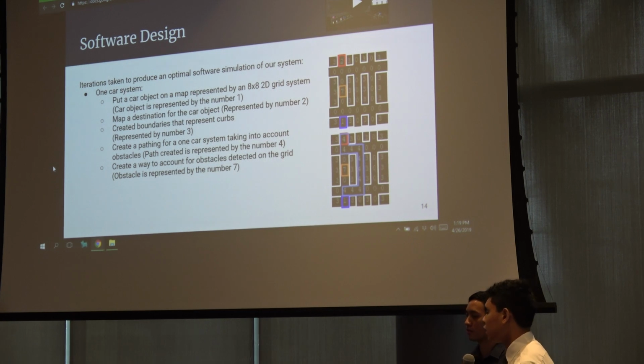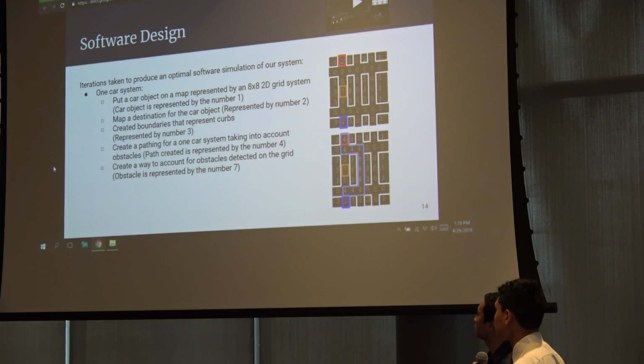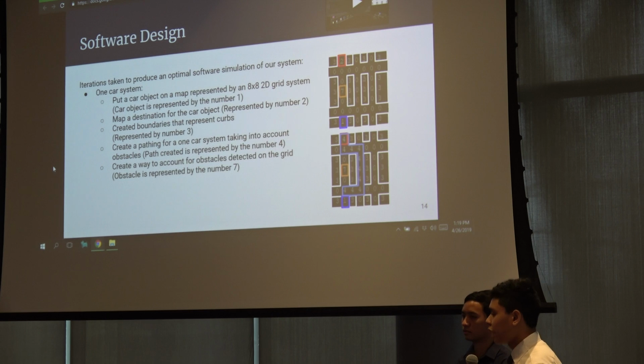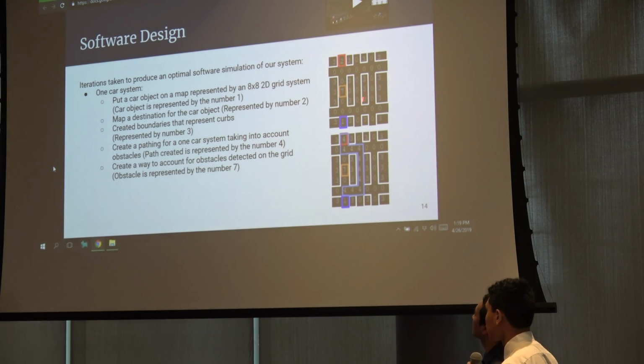This would be a system on an 8x8 2D grid, and each number would represent a certain object. For example, the number 1 represents the starting point for the car. Number 2 represents the destination. 3 represents sidewalks or curbs. So these are pretty much boundaries for the system.